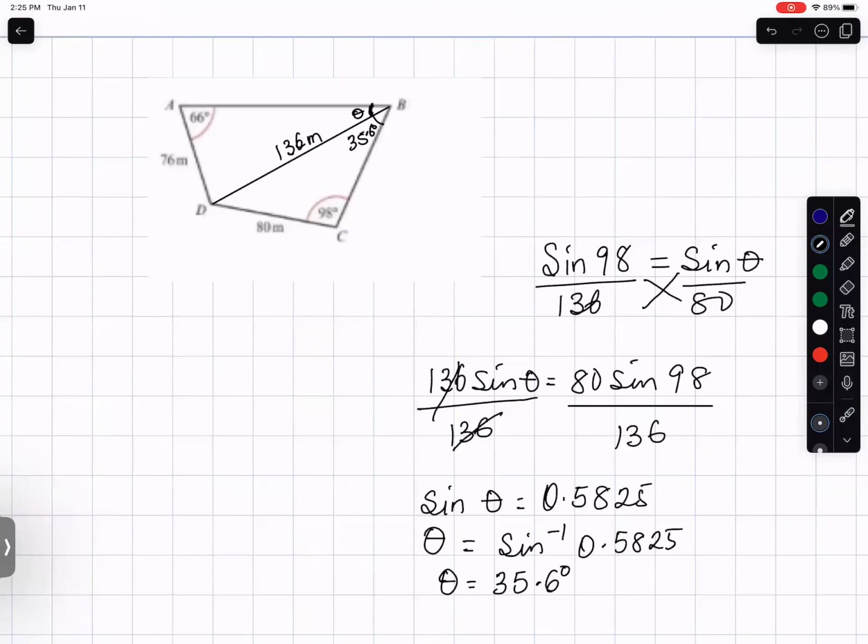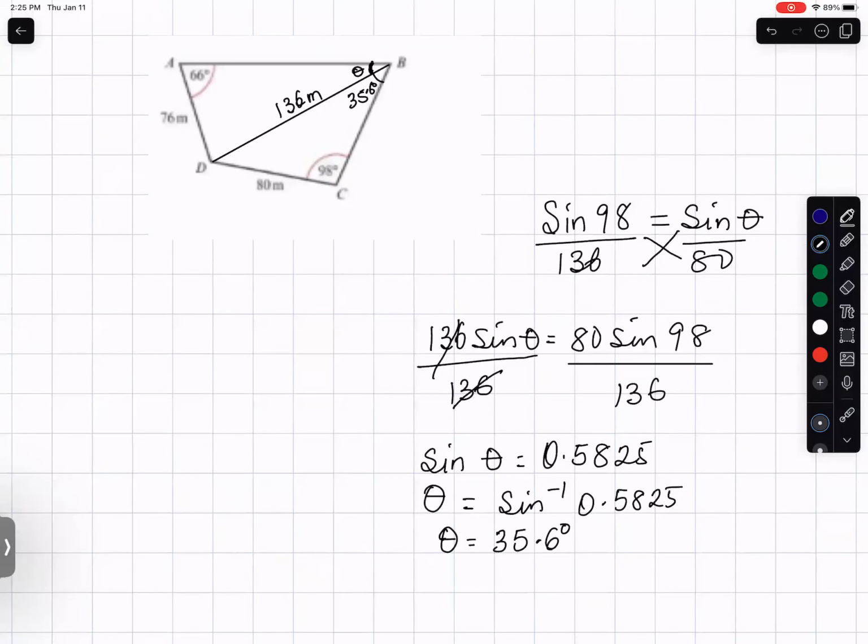So using the same sine rule, I'm going to have the matching opposite to, let's say, 66. So I have sine 66 divided by 136 will give us 76, and theta, which is sine theta, divided by 76. So I cross multiply.